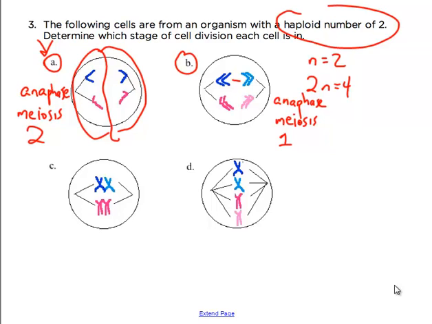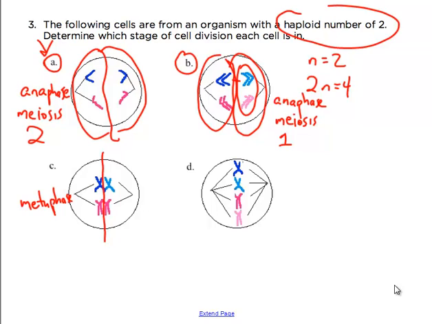Let's make sure the numbers make sense, because after meiosis I, we should have a haploid number of chromosomes. We do. There's 2 total chromosomes in there, but they're still doubled, so there's a total of 4 chromatids. So that's why that's anaphase of meiosis I. Now here, they're lined up in the middle, and that represents a metaphase.